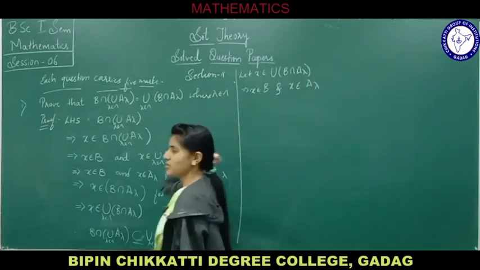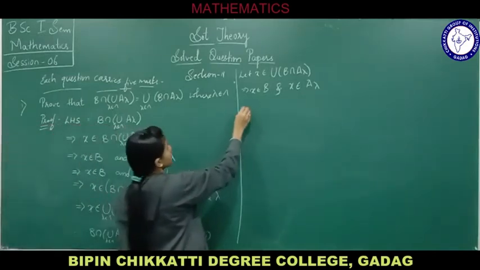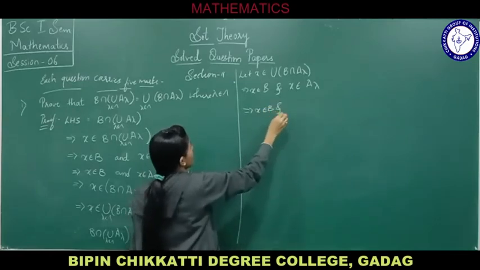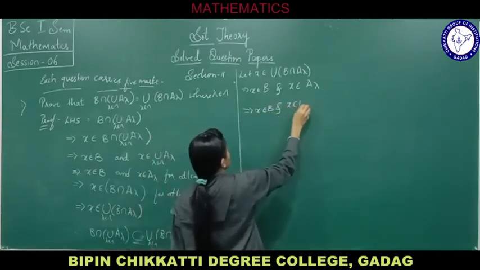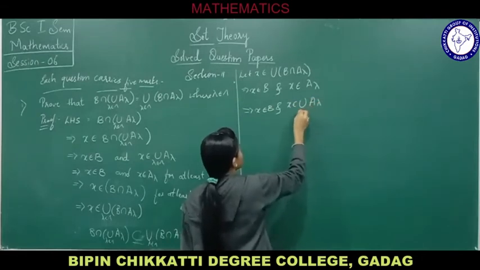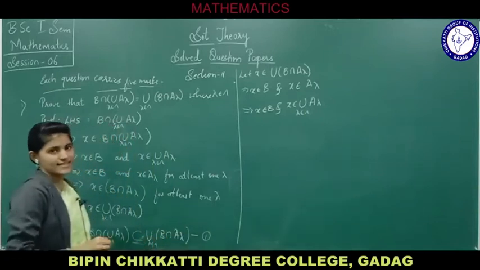What we said: x belongs to B and x belongs to A lambda. This implies x belongs to B and x belongs to union of A lambda, where lambda belongs to this index set.